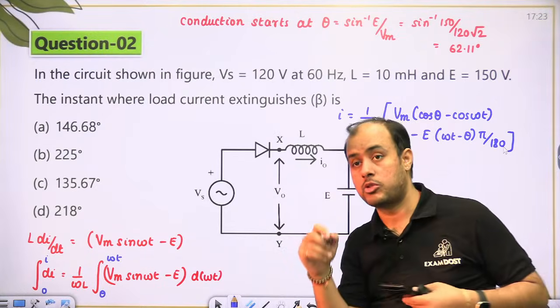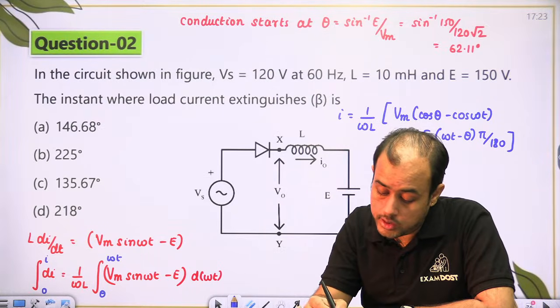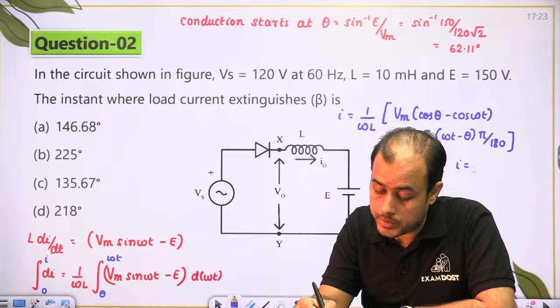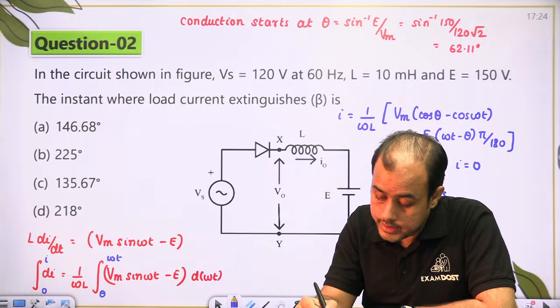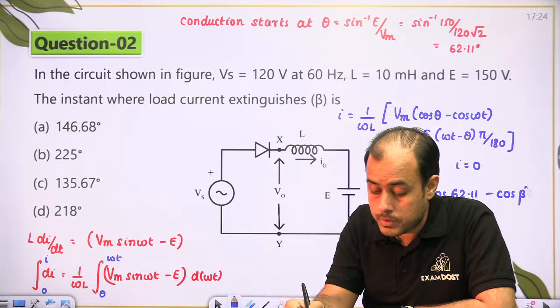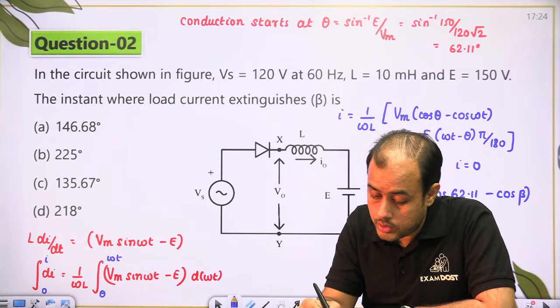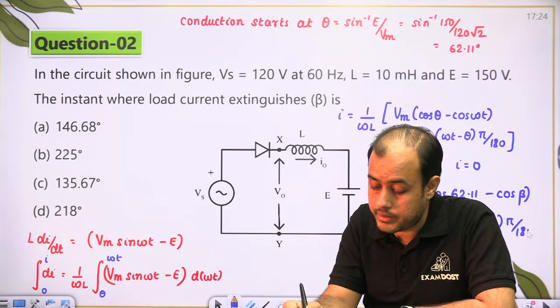Now what you have to do beta, at omega t equal to beta, current should be 0. cos 62.11 minus cos beta equal to 150 beta minus 62.11 pi by 180.